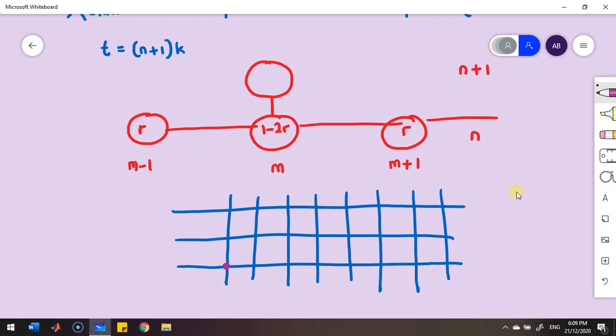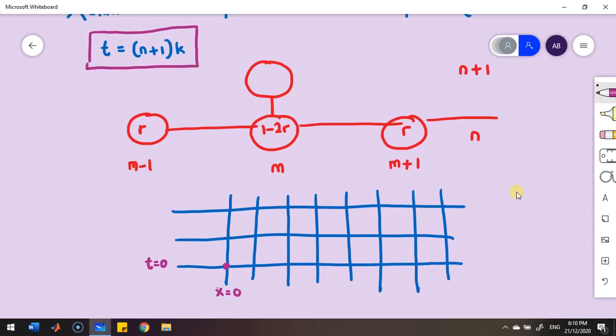This is where my u_m^n lies. So m is for x and n is for y. This is where my t equals 0, and this is also where my x equals 0. So t depends on this formula here.